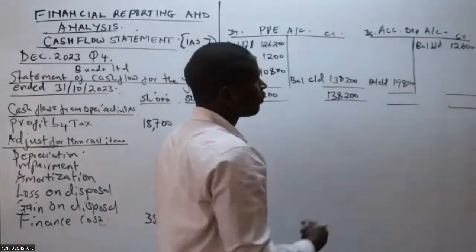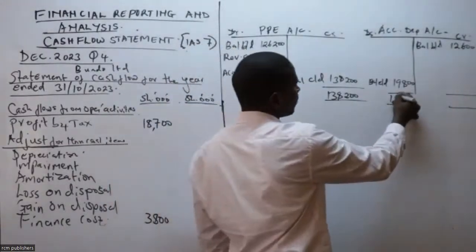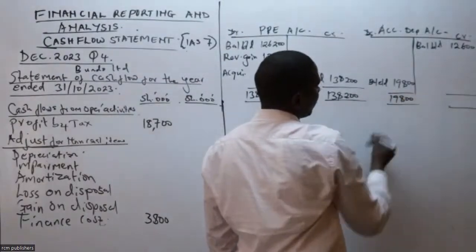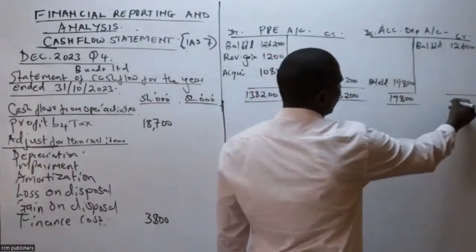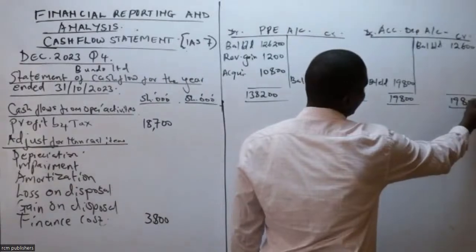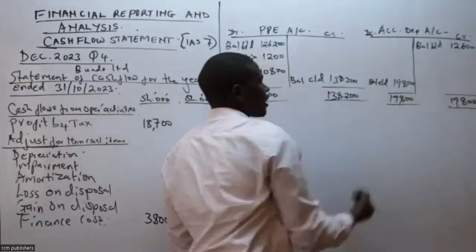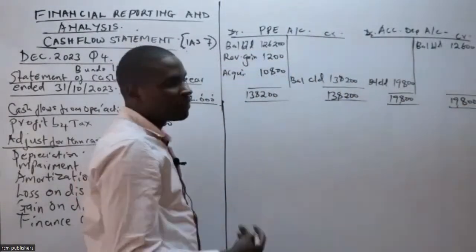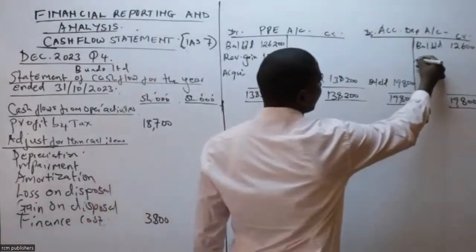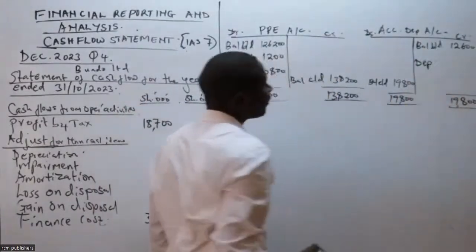Then we check on the other side, the accumulated depreciation. Here you shall have 19,800. So if this is an accumulated depreciation account, the amount to balance here will be the depreciation.